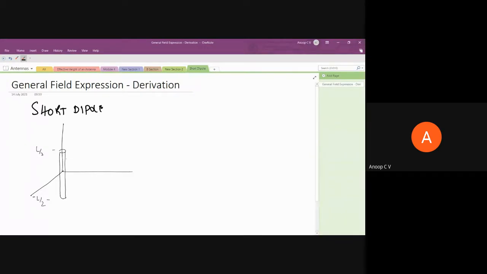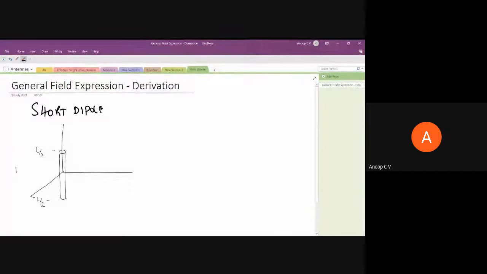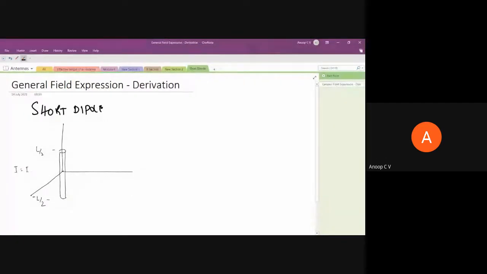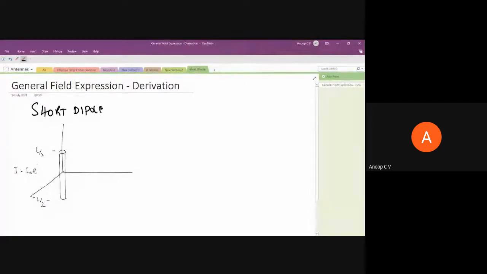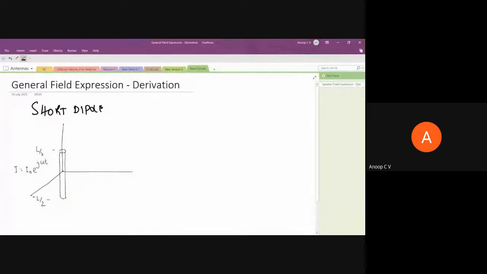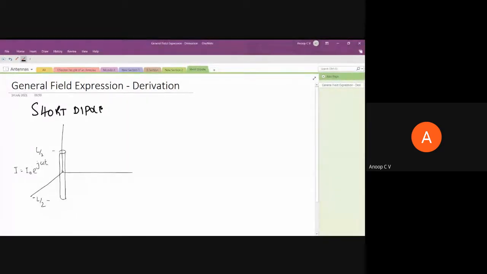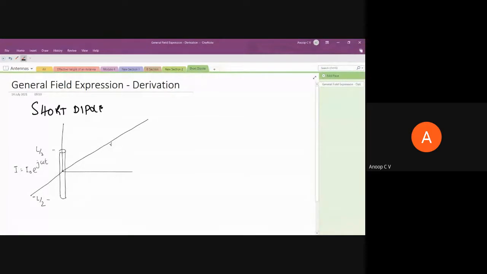We are assuming this dipole is excited with some current I naught e power j omega t. This is the harmonic current with which the dipole is excited. We have seen that for the effect generated at the dipole to travel a distance r, it takes some finite propagation time.